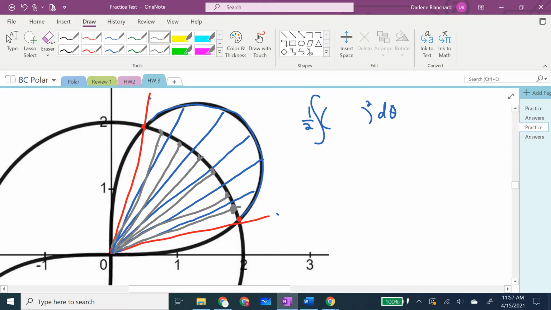And if you draw these spokes, it can really help you to recognize who you're finding the area of for that angular sweep. And you end up subtracting. So with these problems where it's inside, outside, you end up needing to subtract.